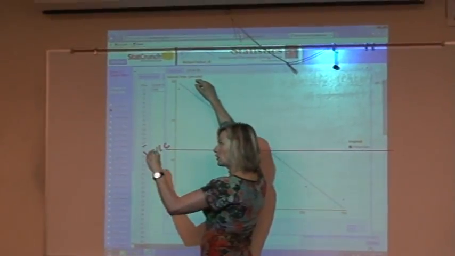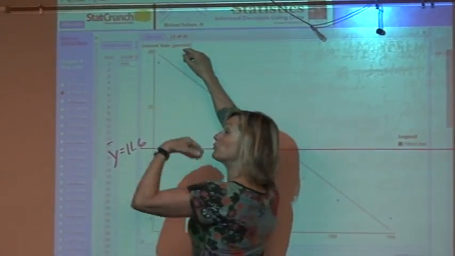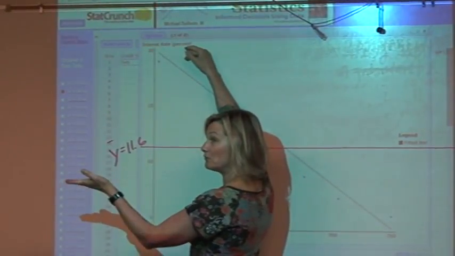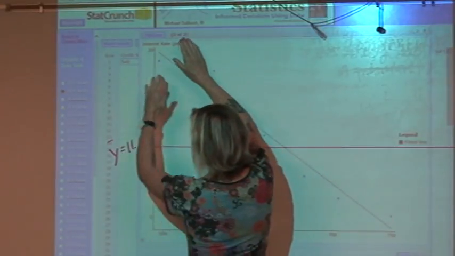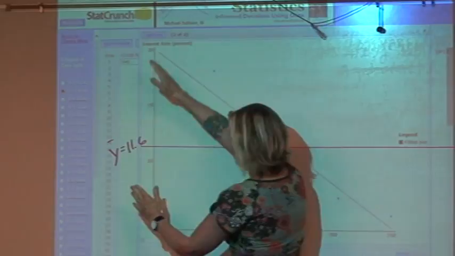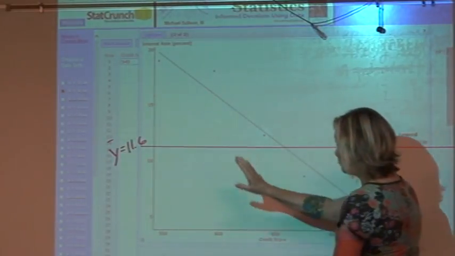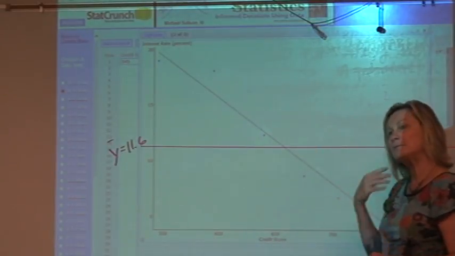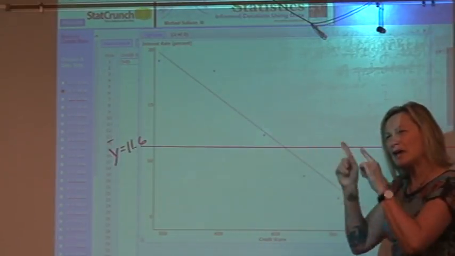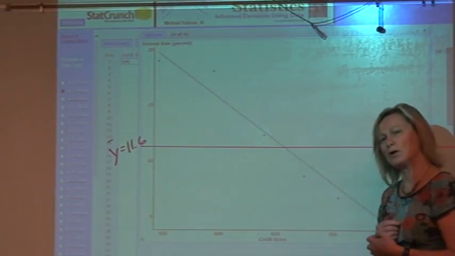We want to be more accurate in being able to predict what kind of interest rate they can get. So instead of just collecting data on interest rate, we go out and we collect not only the person's interest rate, but their credit score. And we ask, could I more accurately predict their interest rate if I also know their credit score?